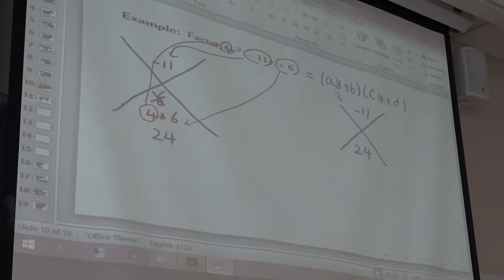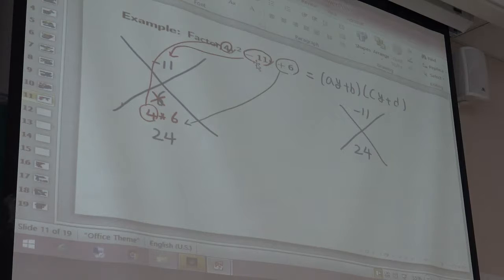Now we use that in a much more general case, which is 4y squared. Instead of the coefficient being 1, we may have some other number, but we still use almost the same thing. On the bottom, instead of the constant 6, we use the product of 4 times 6, which is 24.